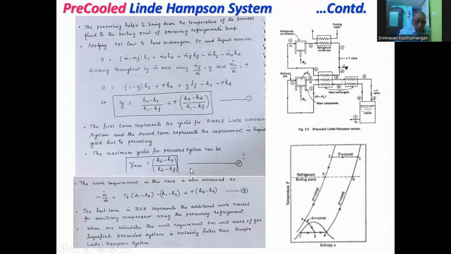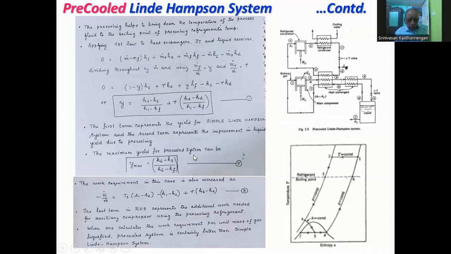This is the maximum value of yield. Obviously, what we are doing is bringing down the temperature from a higher position to the position of the refrigerant, which is 3 and 6. So obviously, the maximum yield cannot go beyond this value.